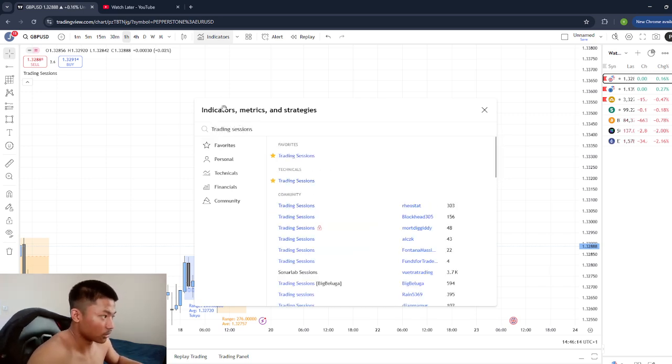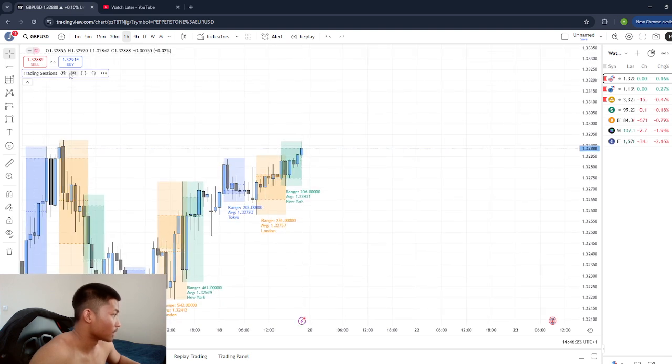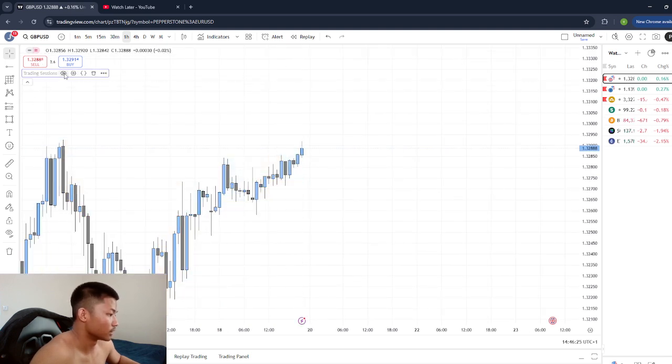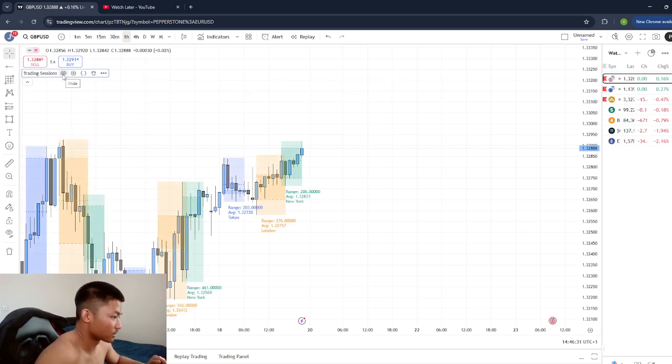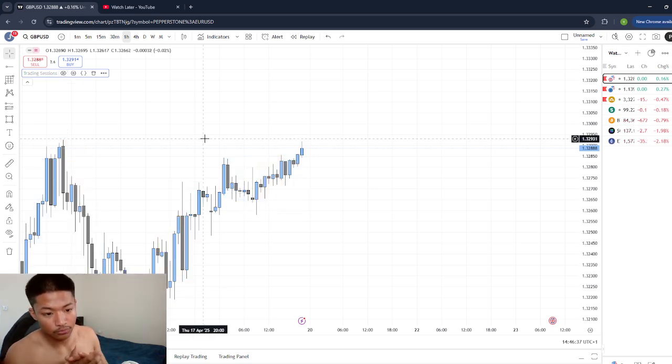They're free. I don't pay for premium, TradingView Premium. So yeah, use the trading sessions. And then this is how you turn them off, because they do get annoying and overwhelming. So have them on for a sec just to mark out the highs and lows, and you'll understand how the market moves. So go do your homework.